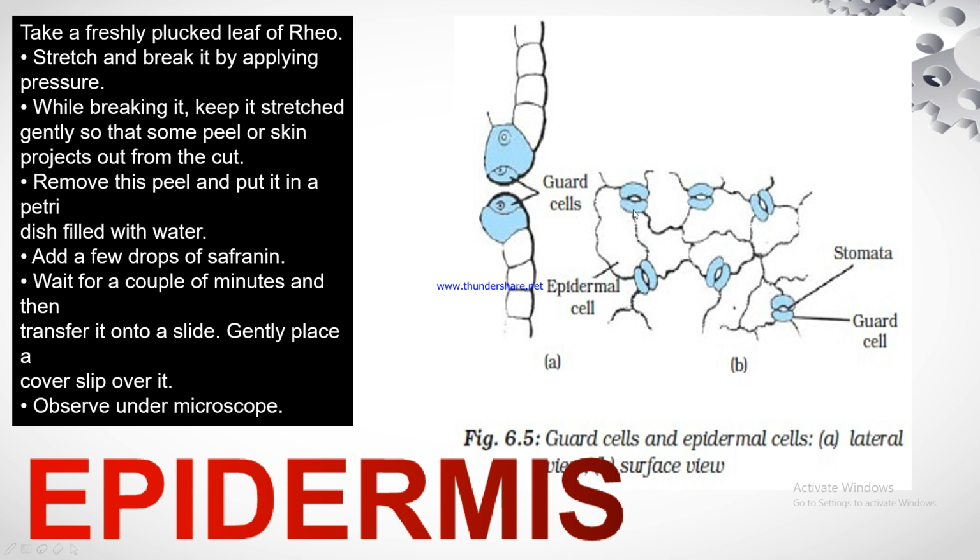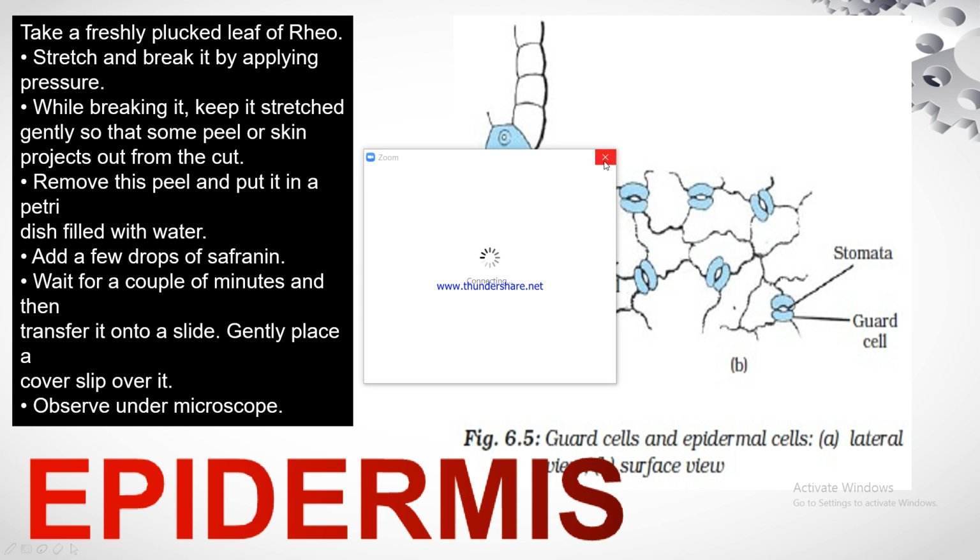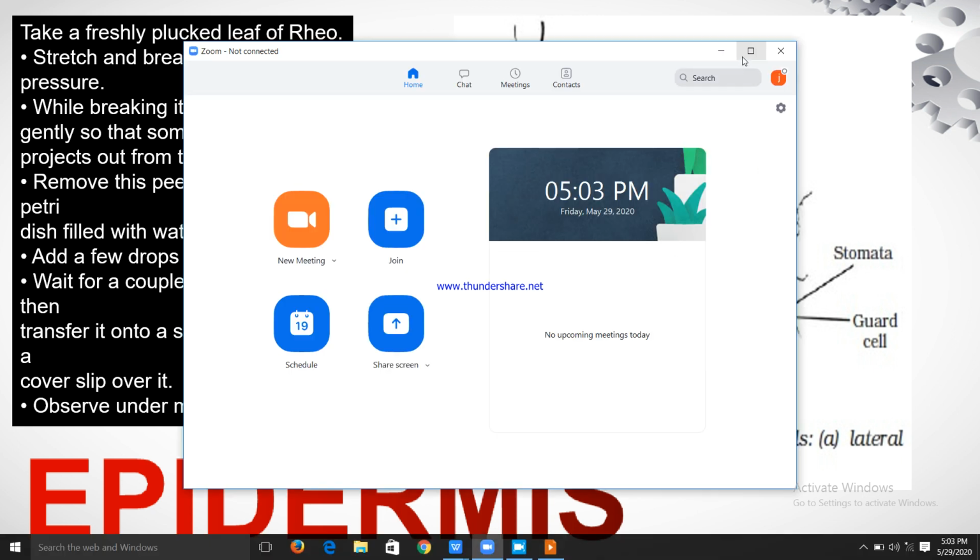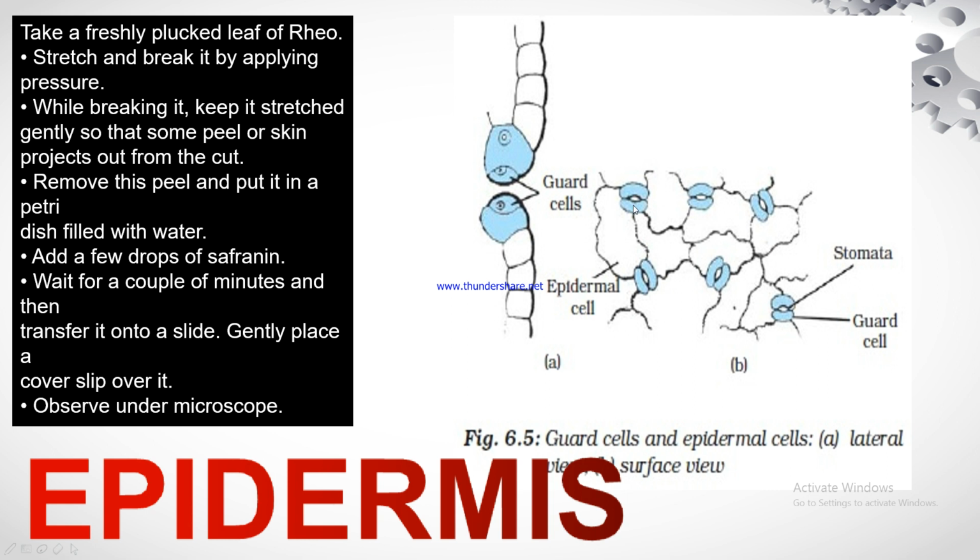You are already aware of it, right? Stomata are the opening pores present on the leaf surface, and they are protected by these kidney shaped cells. They are known as guard cells.